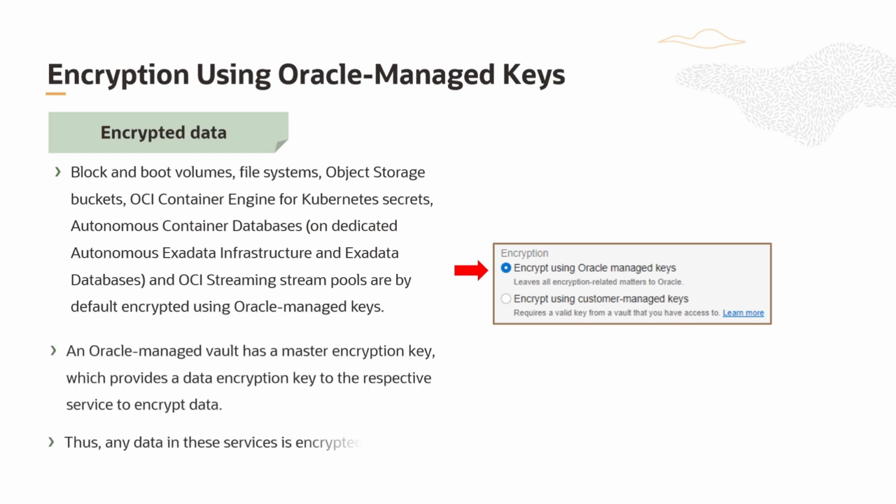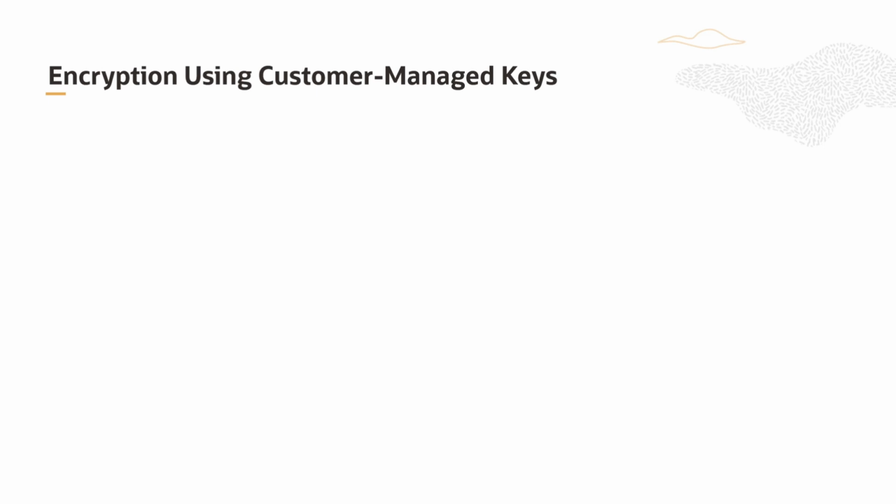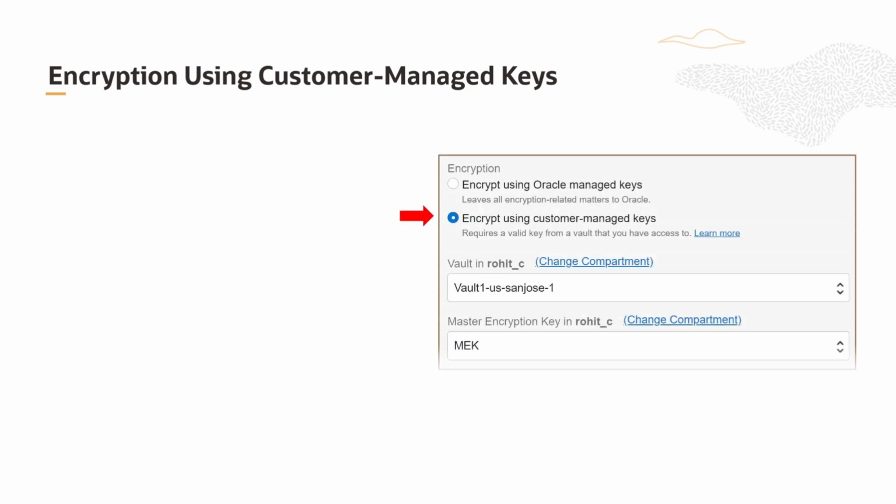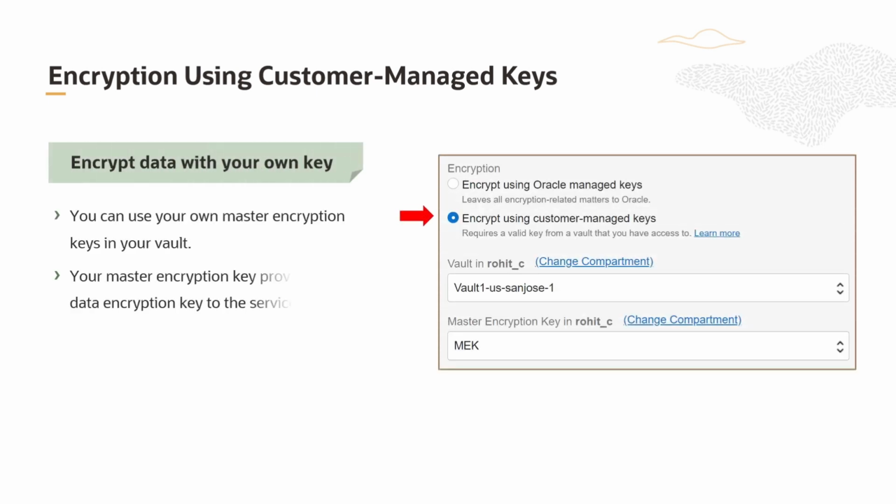With Oracle managed keys, a master encryption key from an internal Oracle managed vault generates a data encryption key for the respective services to encrypt data. When you opt not to use Oracle managed keys, you can leverage the OCI Vault service by selecting a master encryption key from your own vault.